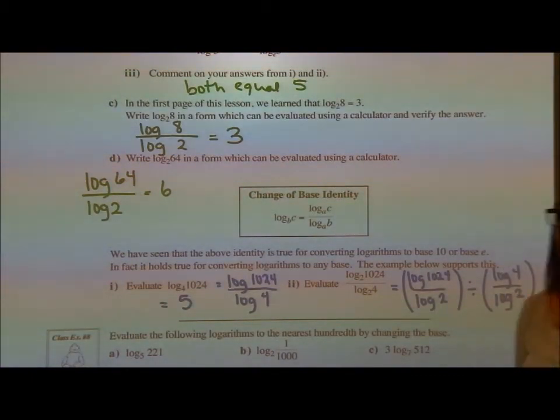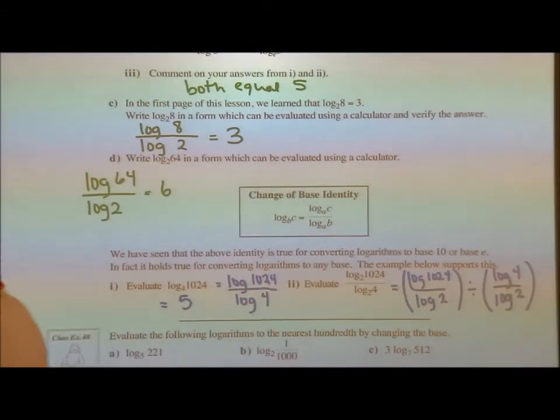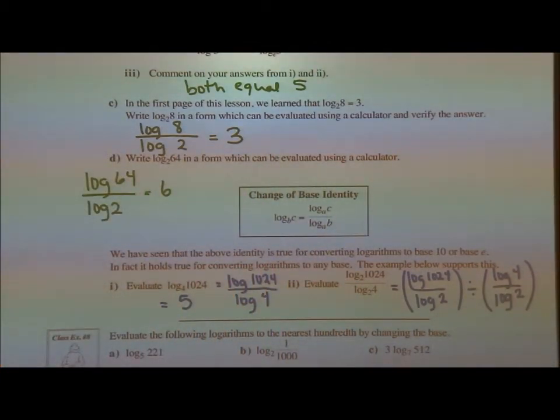So this change of base identity will allow us to do the next, I think, 7 or 8 questions.